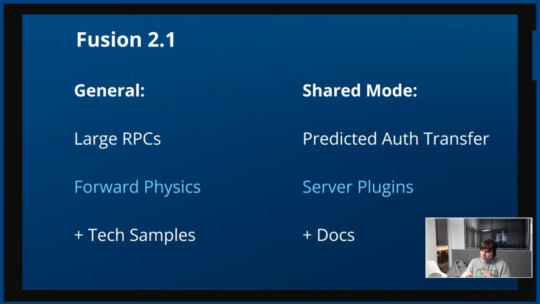But we always said that we were working on server plugins for Fusion shared mode, which brings the cost scalability, the cost effectiveness of Fusion shared mode equivalent to quantum, together with the ability to have code running on the server, aware of the data in the network objects, and also being able to validate that and spawn objects and control them from server code. So this is finally coming.